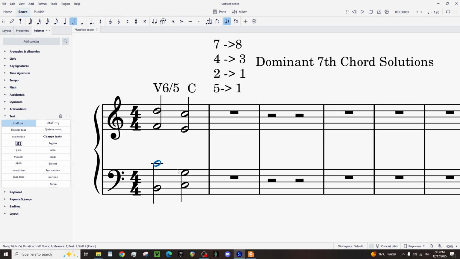So yippee on that. Let's try a different solution. Let's take the D in here. Now do this. I think this sounds wrong. This is the correct thing. Okay.